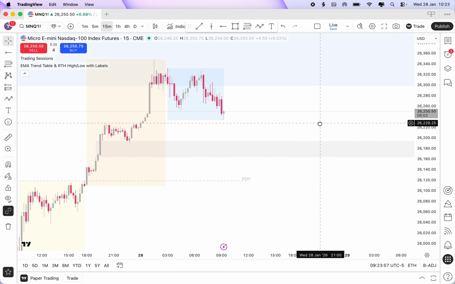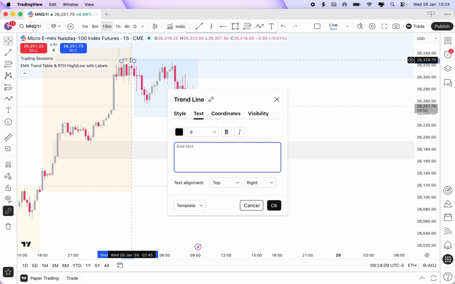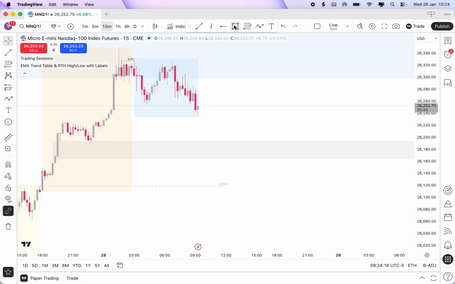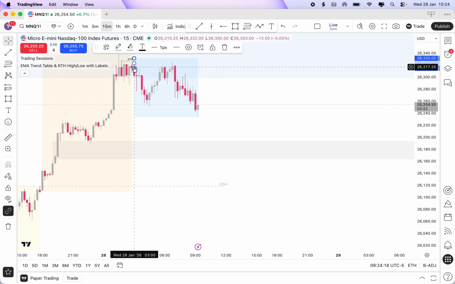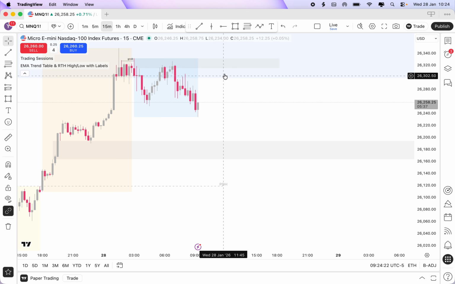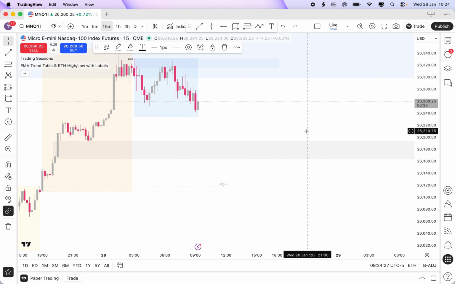Looks like we got a little bit of liquidation here. I'm gonna make that gray because I don't think it's that strong. Okay, and so I'll just mark that out as an order block, but make it a lighter color like that.